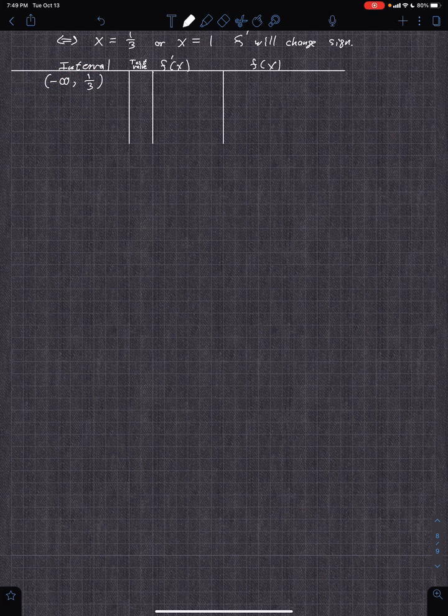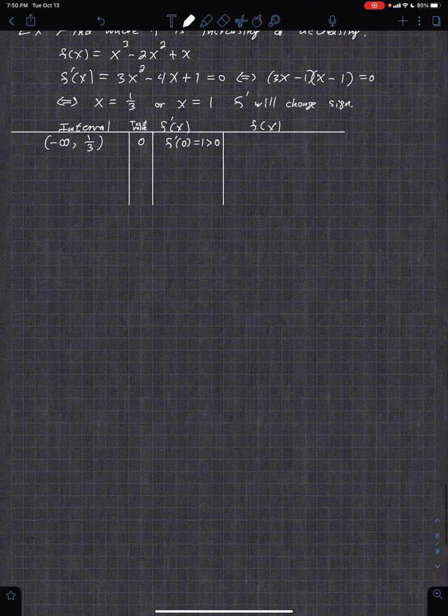So between negative infinity and 1/3, 0 is probably the best test value. So you want to see what f prime of 0 is. You don't always have to evaluate it, but if you do, it's fine. You just look at it and see what's going on.